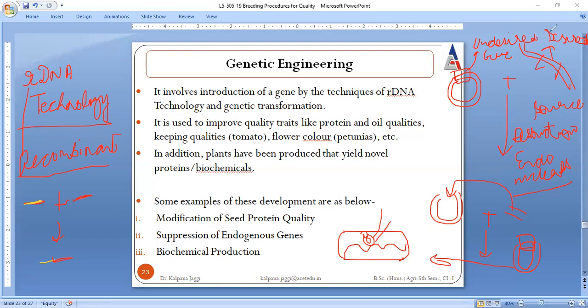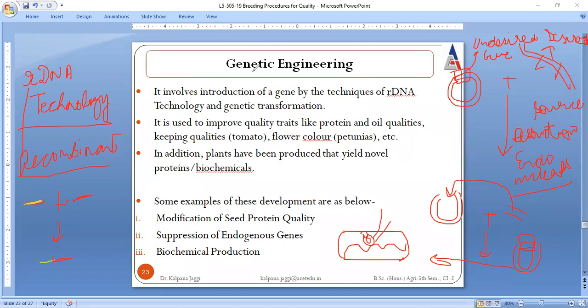This is all about recombinant DNA technology. When we talk about genetic engineering, we basically stress recombinant DNA technology. Its abbreviation is small r DNA, standing for deoxyribonucleic acid technology, because all we are working on is DNA.